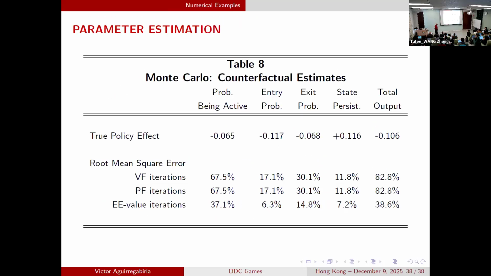And let me conclude with this. What do we do in this exercise? We have generated data using the DGPs with 1 million states.